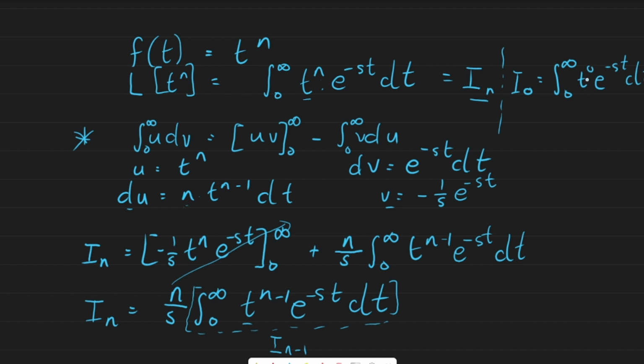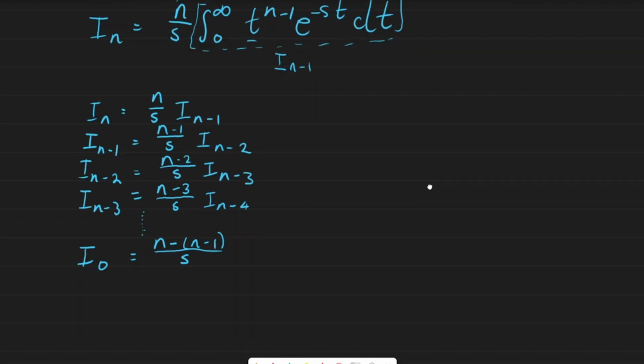And anything to the power 0 is just 1. And the Laplace transform, as we had seen earlier, the Laplace transform of a constant, first example, is just a over s. So in this case here, the constant is 1. That means that I_0 is essentially just 1 over s. That's what it is.